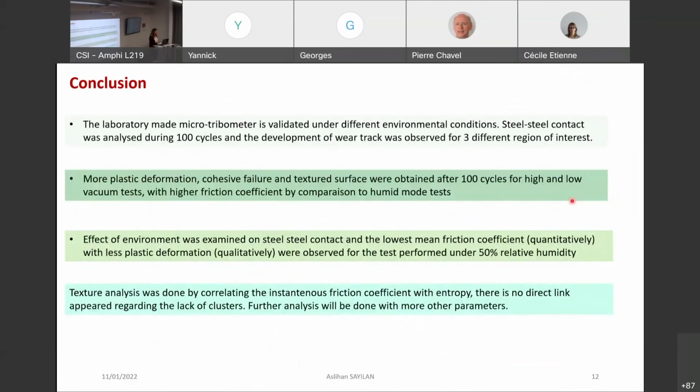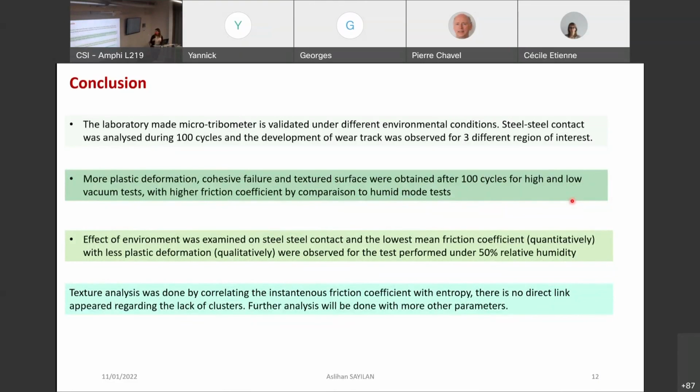So to conclude, we verified that our microtribometer is operable under different environmental conditions inside the SEM chamber, and we did the tests with steel-steel contact. We have seen different kinds of deformations and failures along the wear track, but we have seen a higher friction coefficient with high vacuum and low vacuum tests by comparison to humid mode tests.